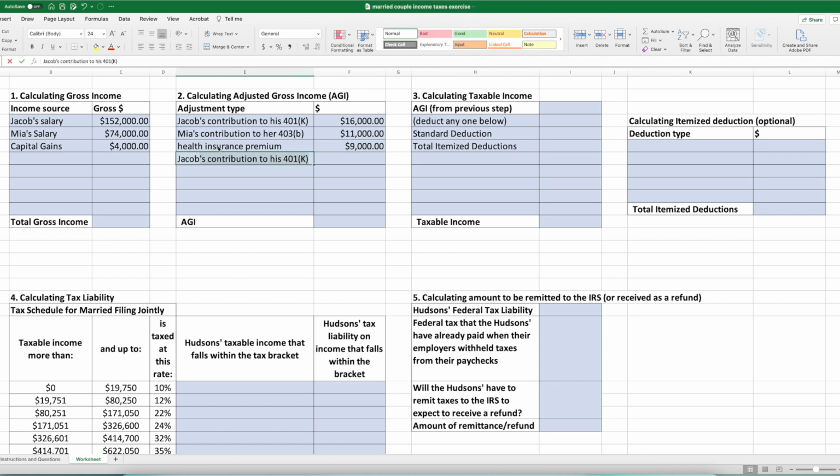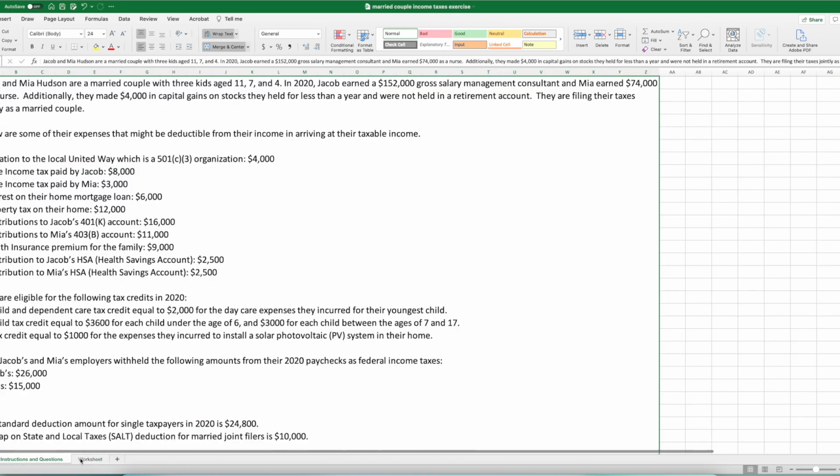Okay, Jacob's HSA contributions. HSA is the health savings account. It's an account that you can make contributions to, and those contributions are deductible from your gross income. However, you are limited to spending the amount in these accounts only on healthcare expenses.